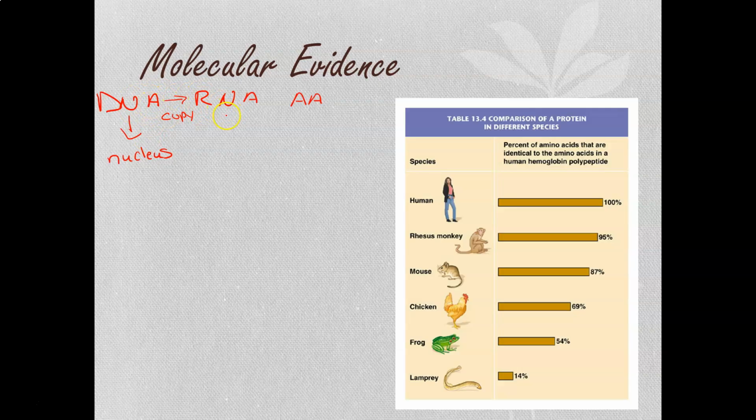That RNA can then leave the nucleus and go out into your cytoplasm, which is everything outside your nucleus. It's where your mitochondria are, your Golgi are, your ribosomes, so on and so forth. And those RNA molecules will then go specifically to your ribosomes. And your ribosomes are your protein factories.